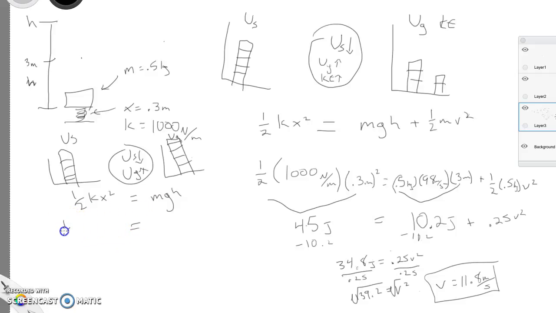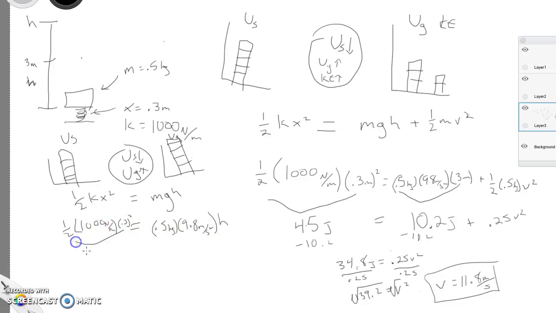You would substitute in for k 1,000 newtons per meter, for x 0.3 meters, for m 0.5 kilograms, for g 9.8 meters per second squared, and then h.